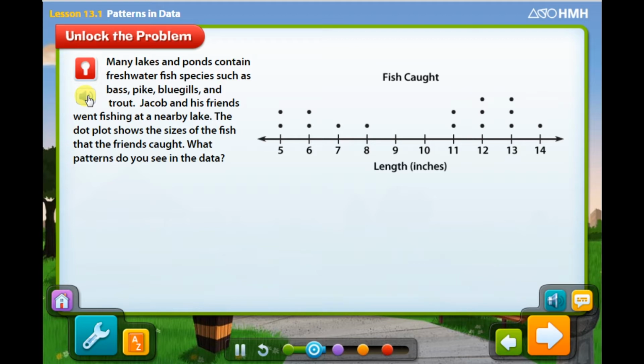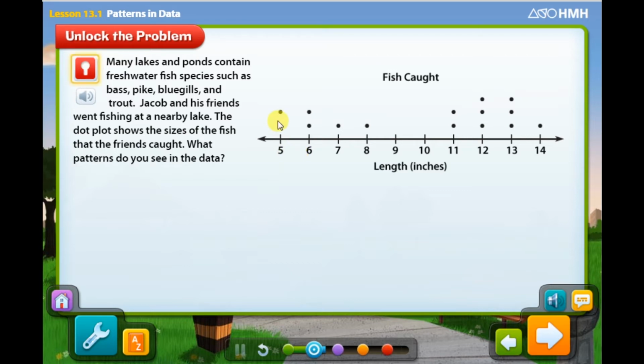So first, let's unlock the problem. This is our example here, and these are the givens. It's a dot plot, a type of graph describing data by using dots. It describes the number of fish that Jacob and his friends caught.